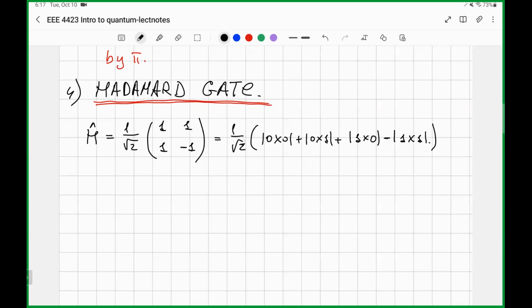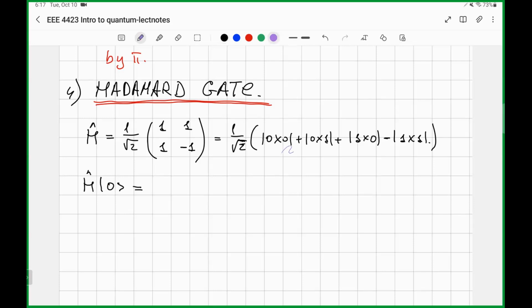And the most important thing is its action. If I take this Hadamard gate and act it on the state 0, what would I get?